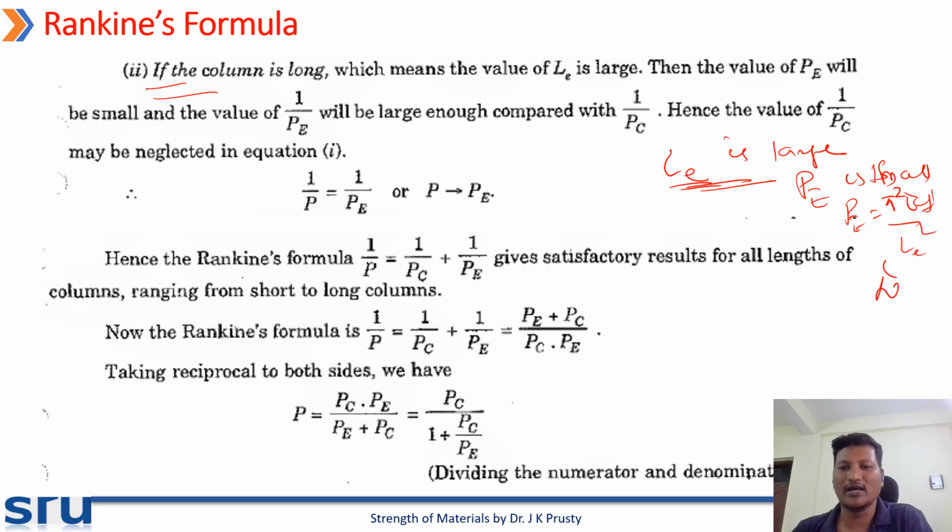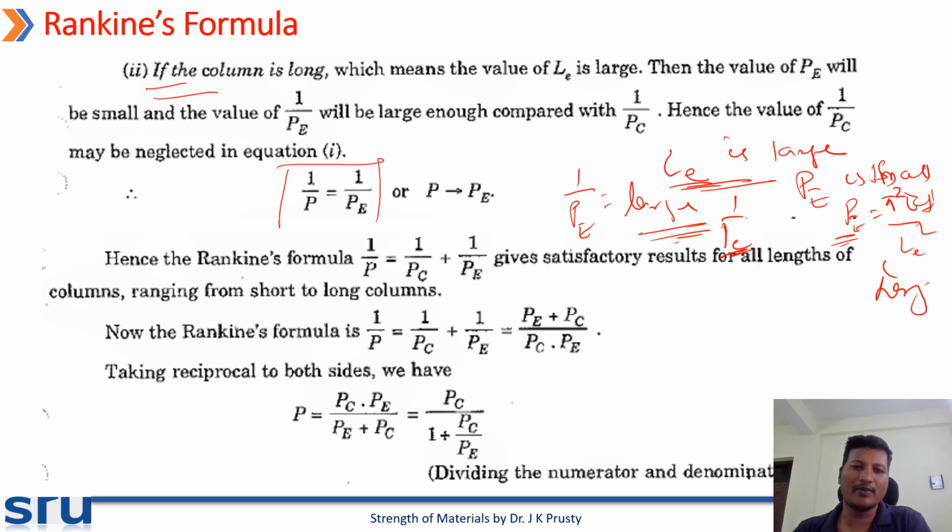If this value is large, we get PE as a small value. If PE is small, then 1 by PE will be large compared to 1 by PC. Hence, the PC term may be neglected in the equation. So, in case of a long column, 1 by P is equal to 1 by PE, and hence P is equal to PE.